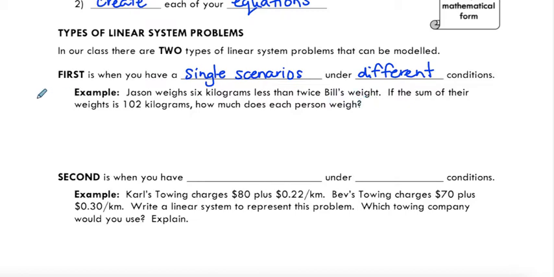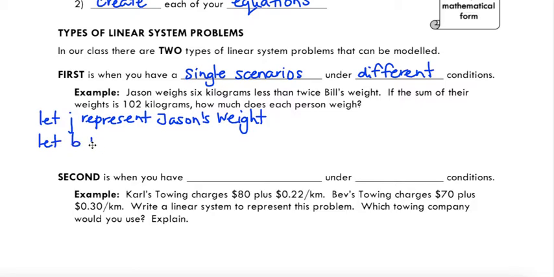So I'm looking to find how much Jason weighs, and I want to find a numerical value for how much Bill weighs. So I might say, let J represent Jason's weight. And I might let B represent Bill's weight.